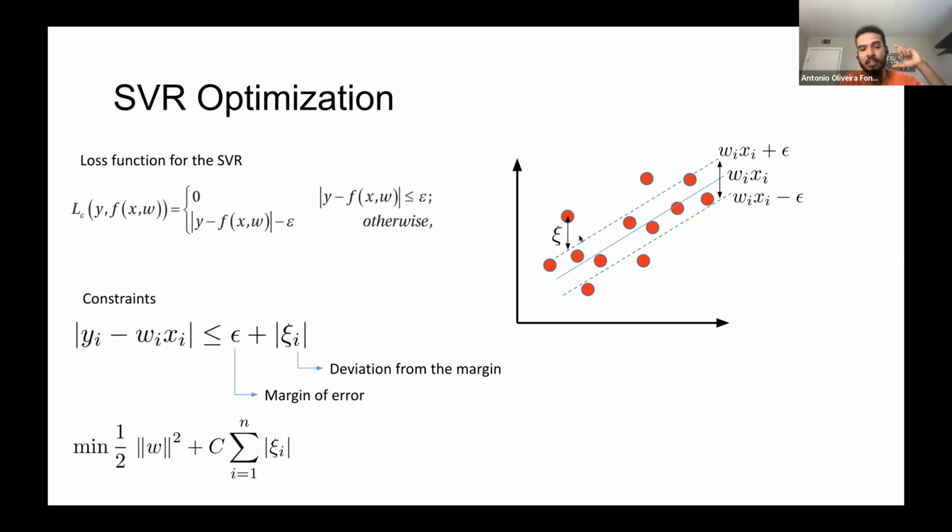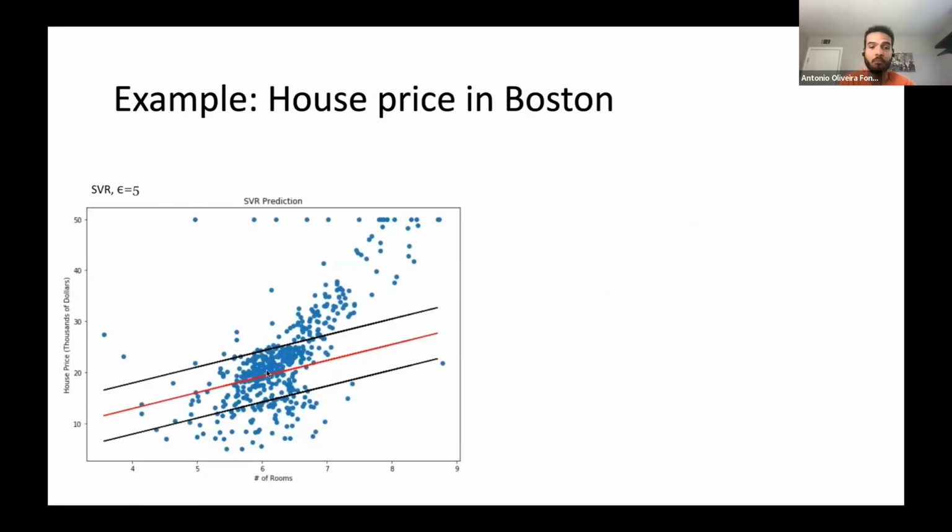So if you have this deviation from the margin being higher, which here is going to be conditioned by a constant C, the more flexibility I add to the model, because now I'm considering those as acceptable mistakes, okay? So if you make the model too stiff, in the sense that I don't want any mistakes, so try to minimize this margin as much as you can, I end up with a model that is going to perform poorly for outliers.